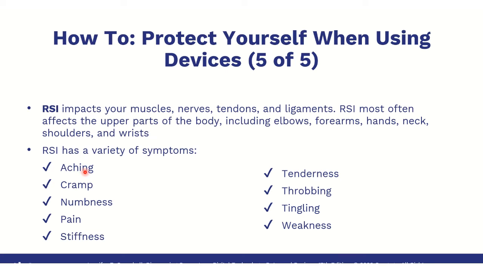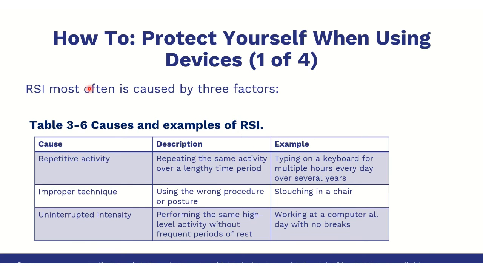RSI has various symptoms like itching, cramping, numbness, pain, stiffness, tenderness, throbbing, tingling, and weakness. You can protect yourself by setting up an alarm to remind you every certain number of hours or minutes to take a break, to protect yourself from RSI.